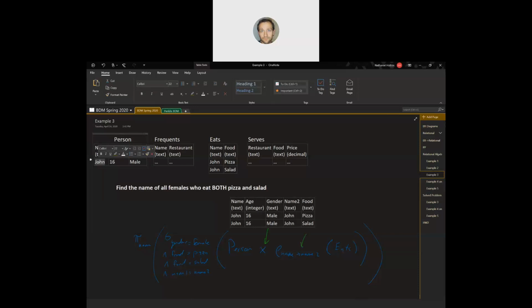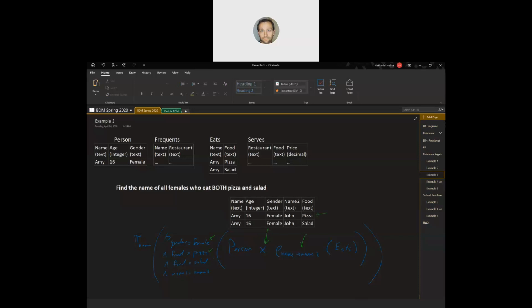Okay. So I forgot this was females. Here, gender equals female, so nothing gets eliminated because of that. The gender is female. Now here, food equals pizza. Fine.